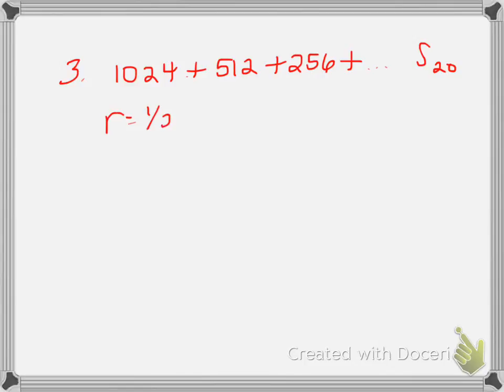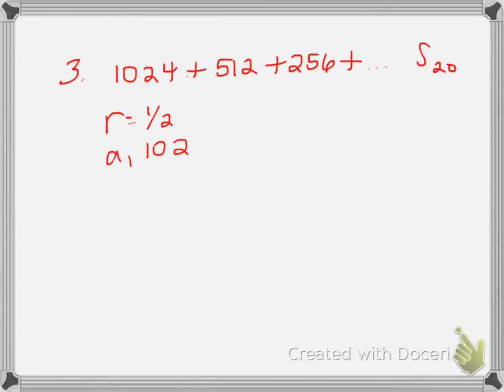Alright, third example. I want to find the sum up to the 20th term of this series. If I look at it closely enough, I can figure out that R is a half because I'm dividing by 2 every time.